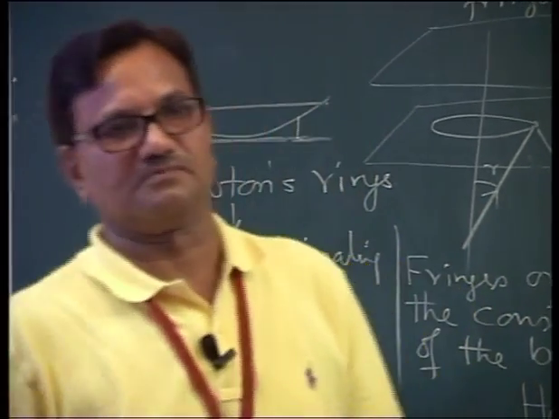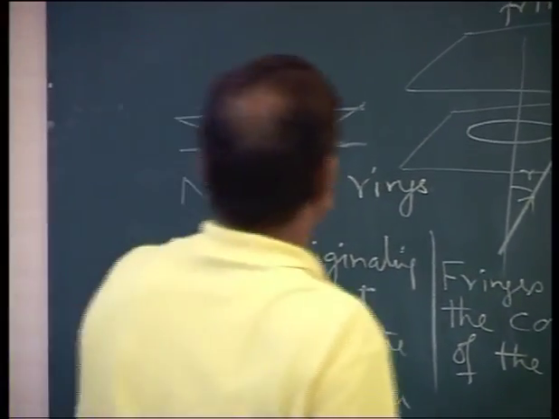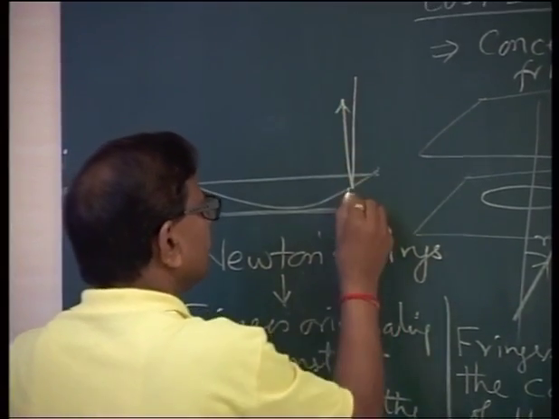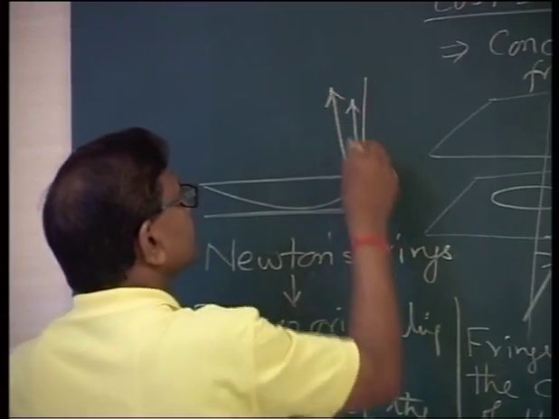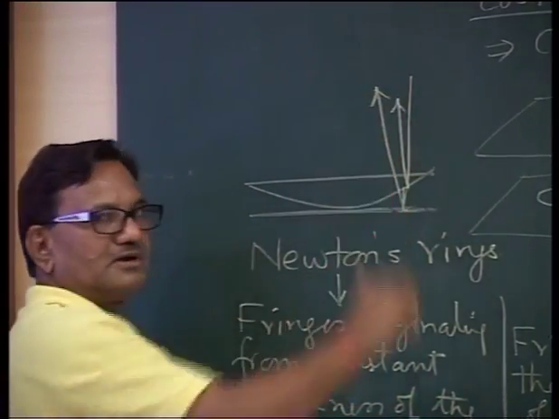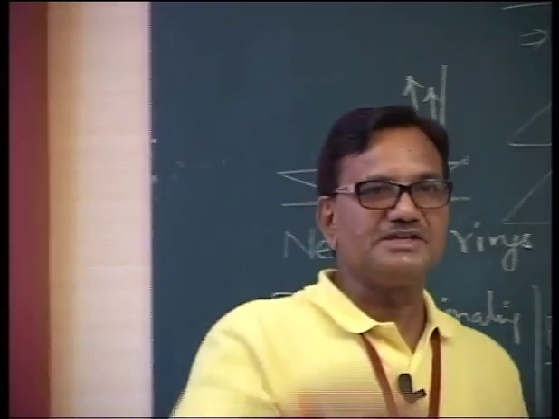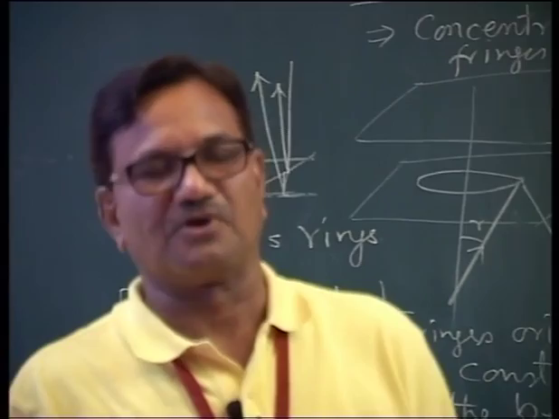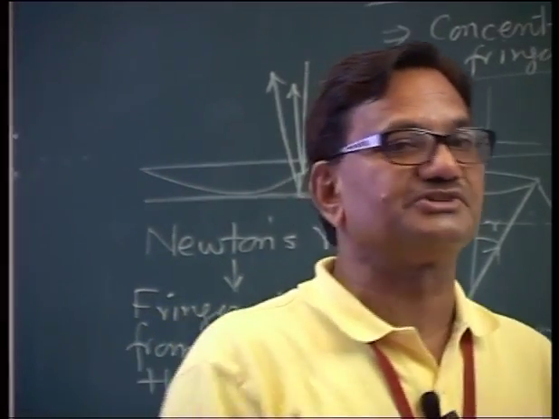It is not an air film. Since the interfering beam in Newton's rings is a diverging one, the image will be formed in the plane of the film. Therefore, Newton's rings are localized rings.